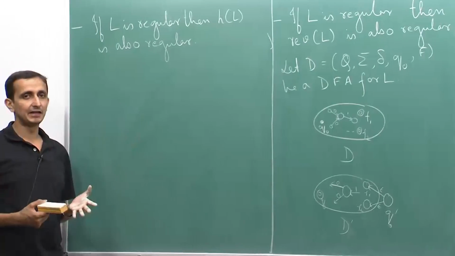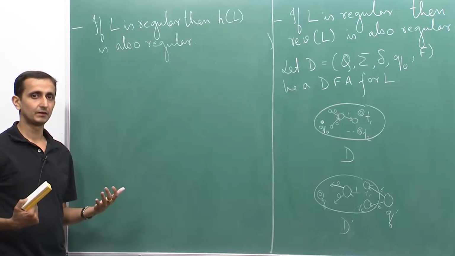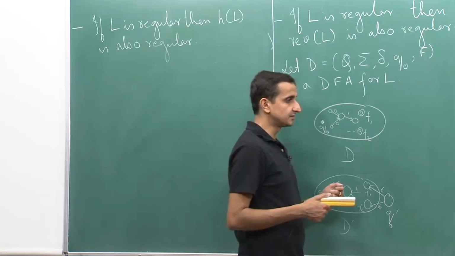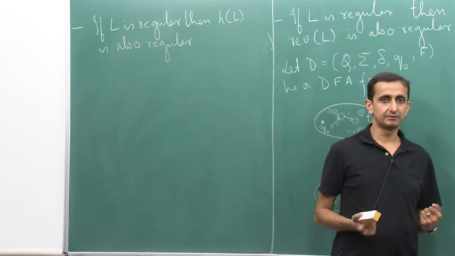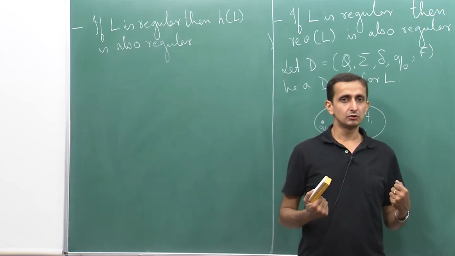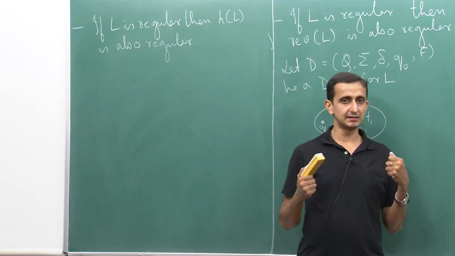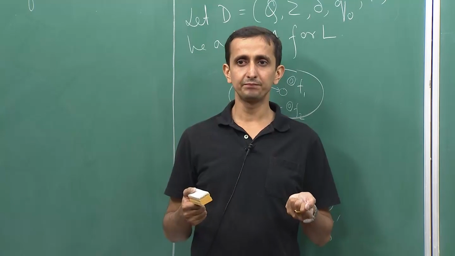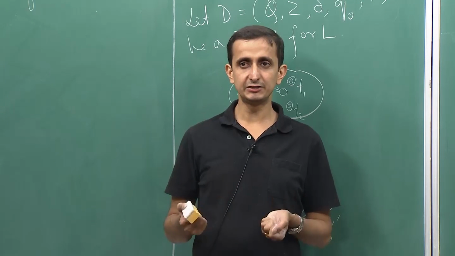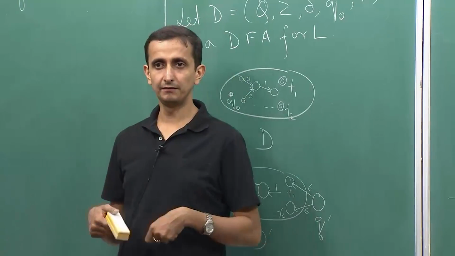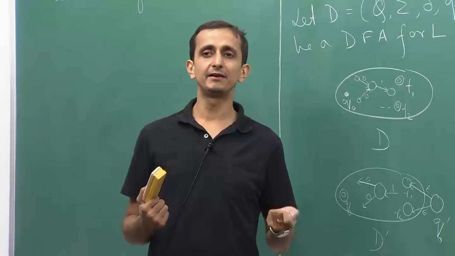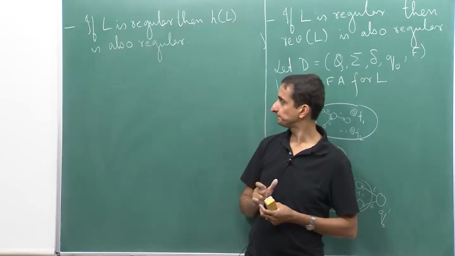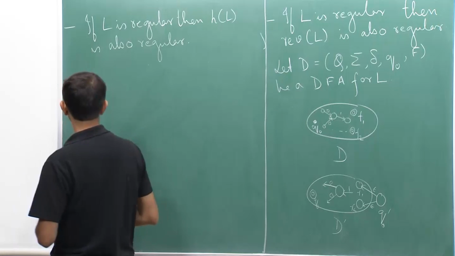Since L is regular, there will be some regular expression for L. The regular expression will consist of symbols from your alphabet sigma. So replace every symbol in sigma with the corresponding homomorphism. Okay. So replace A belonging to sigma with H of A, that will give you a new regular expression, and that will be the regular expression for the language H of L. Okay. So that is essentially the idea.